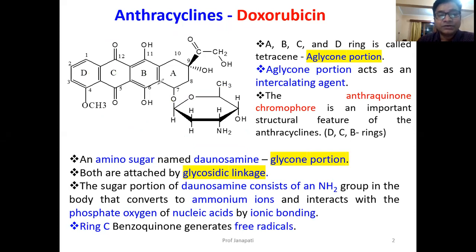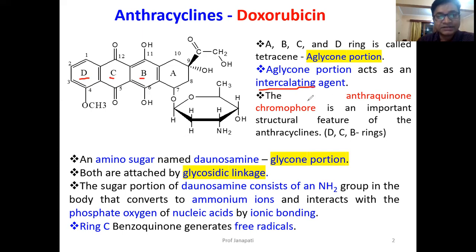Now, these B, C, D rings are aromatic in nature, as we learned in the previous video. Please go through that video in the link provided below. These are aromatic rings, so they can slip between, or intercalate between, two DNA molecules.